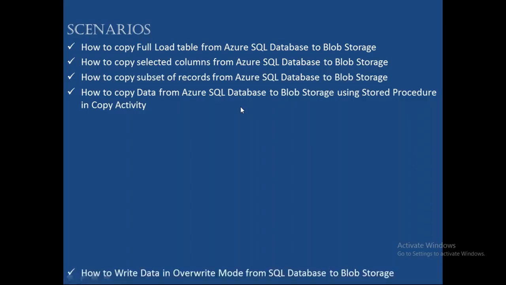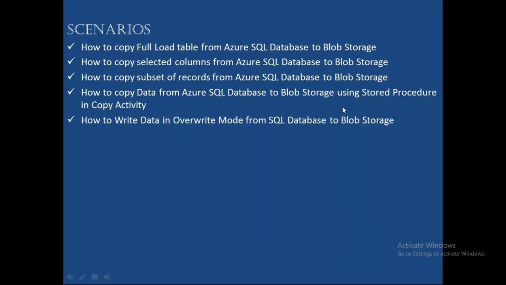Next, how to write data in overwrite mode from Azure SQL database to blob storage. How you can overwrite is basically, before you write data into your blob storage, inside containers we are going to maintain files.